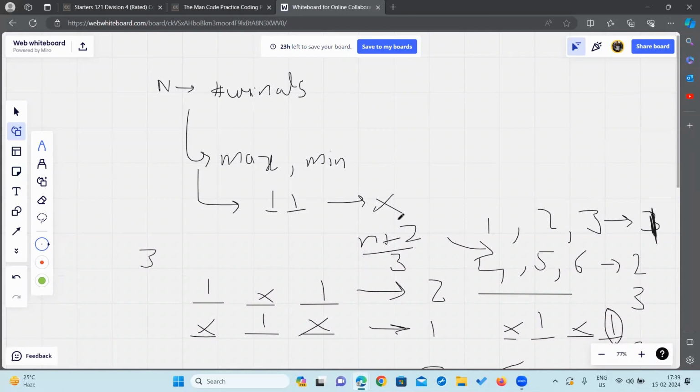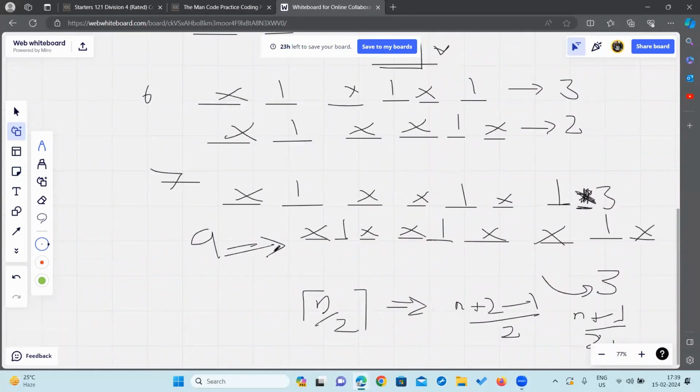It's basically the ceiling of n by 3, right? When it is the ceiling of n by 3, it's n plus 3 minus 1 by 3. So this is equal to n plus 2 by 3. So this is the simple logic.